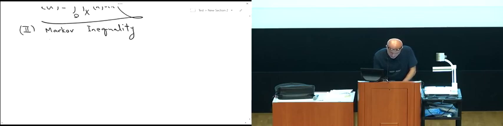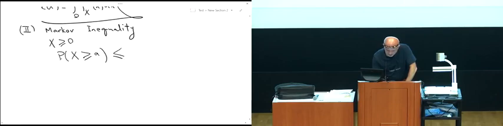Markov inequality says if x is a non-negative random variable, the probability that x is greater than or equal to some value a is less than or equal to the expected value of x over a.